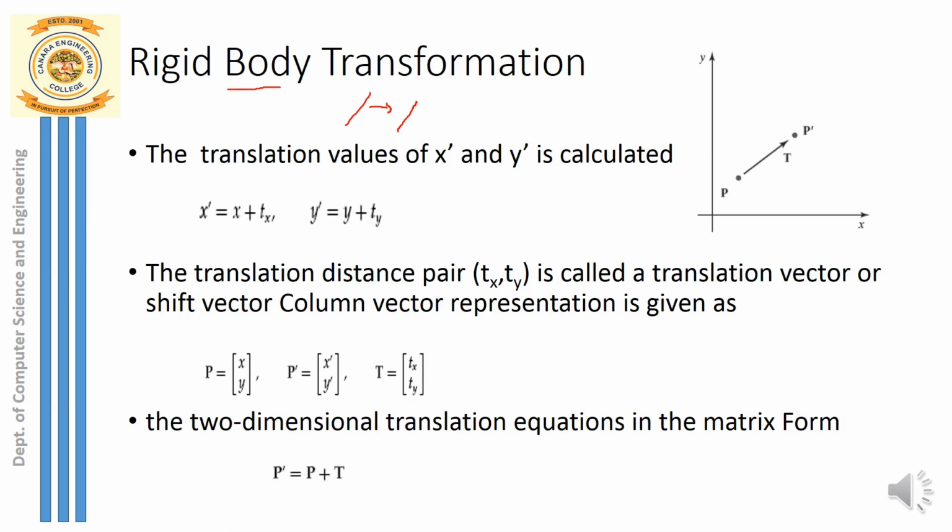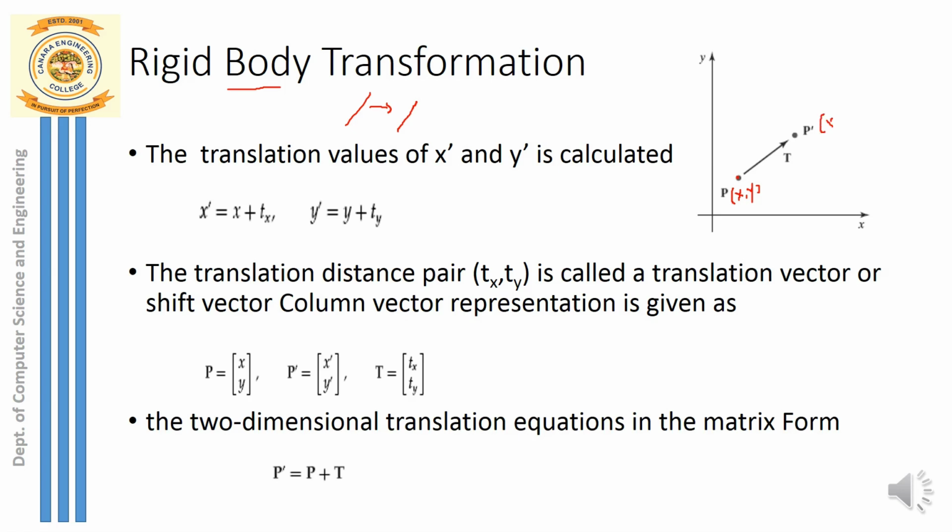Next, let us start discussing this particular example. Here you see I'm translating a particular point. My old point is given by P, and the coordinates of P are given by x comma y. You can take this as the x coordinate of point P and then the y coordinate of point P. Now I'm moving, or translating, this point to the new position, and the new position is given by P dash.